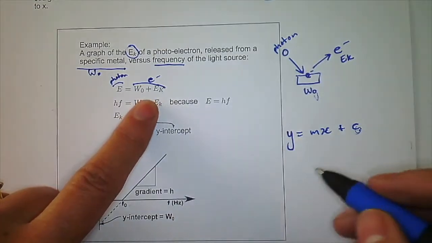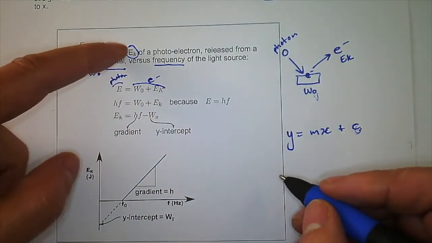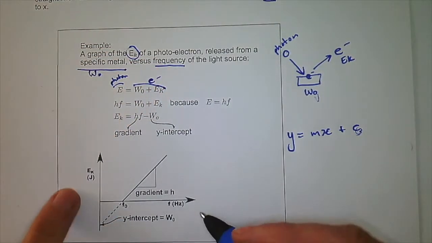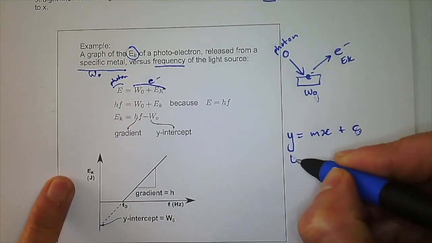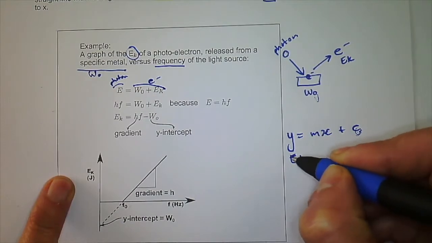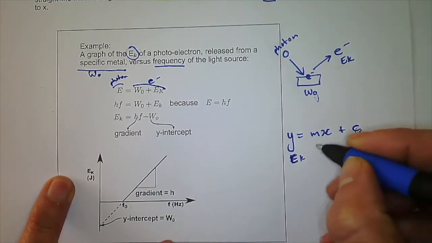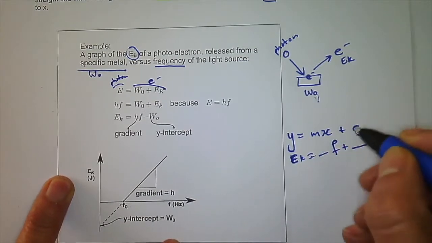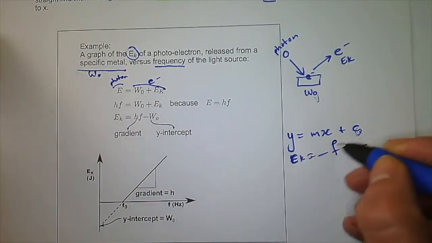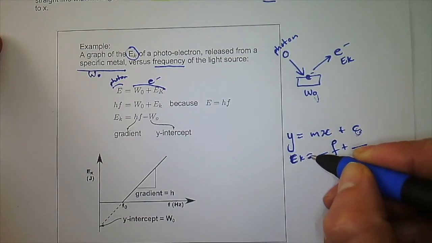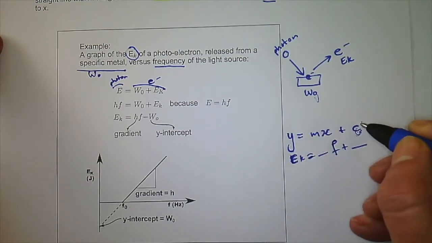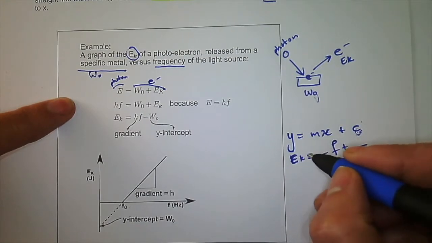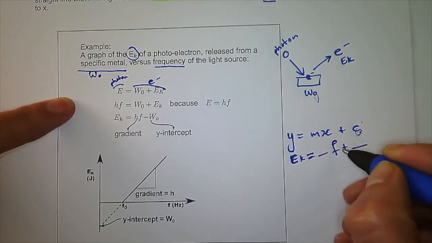Now I've got that. And I'm asked to draw a graph of kinetic energy versus frequency. So I need kinetic energy in the y position, and frequency in the x position. So I need to rewrite my equation to get to that shape, because I need a straight line formula there: kinetic energy over here in front and frequency there.